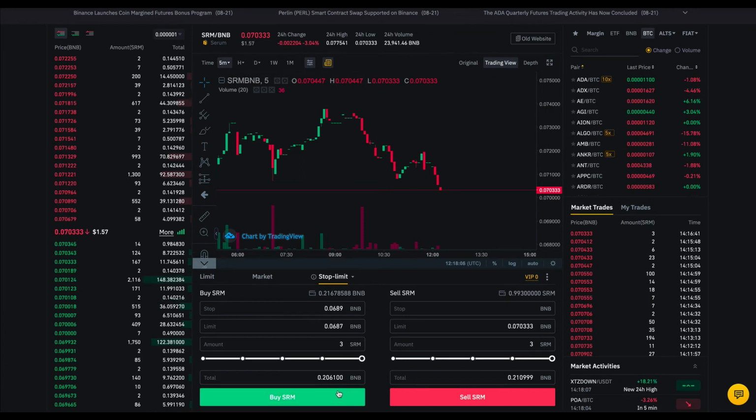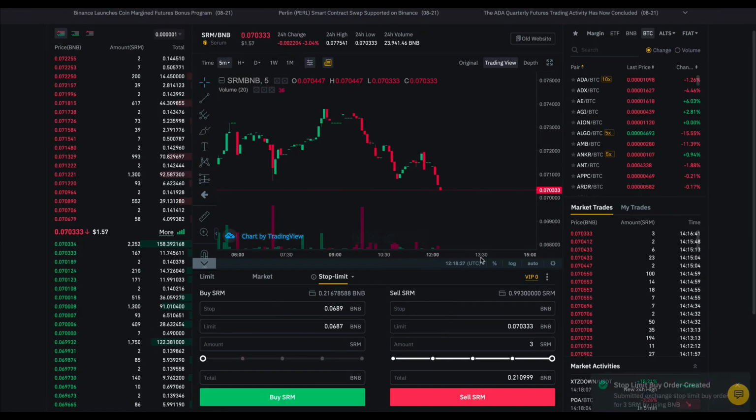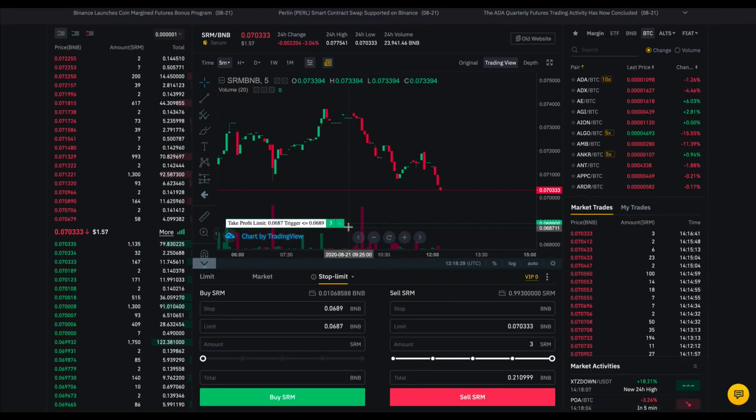And we bought it technically lower, which means I'm using less BNB. I can then place that. And you see, if the price drops to or below 689, an order to buy at the price of 687 will be placed. And there it places that order.